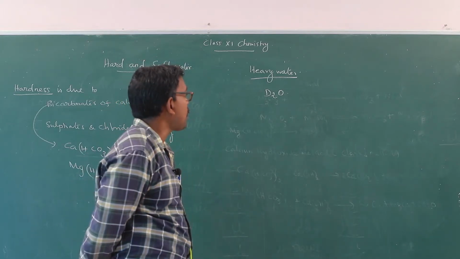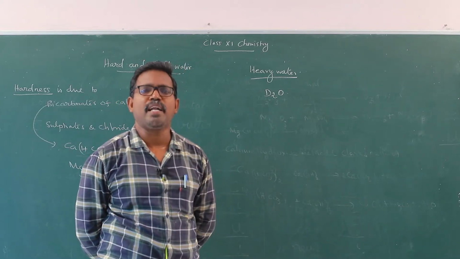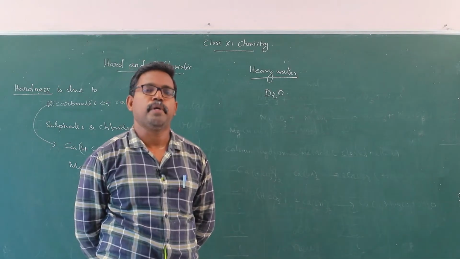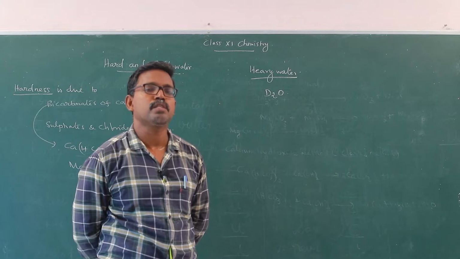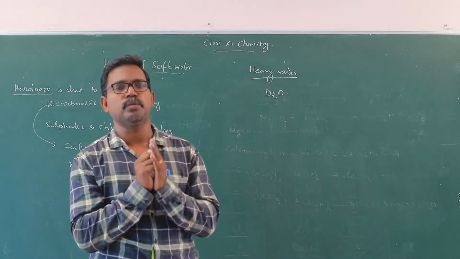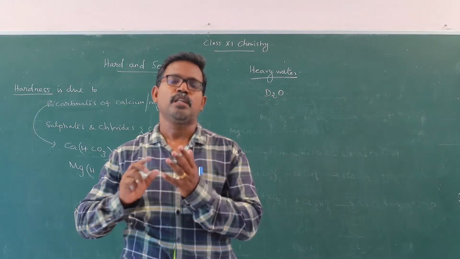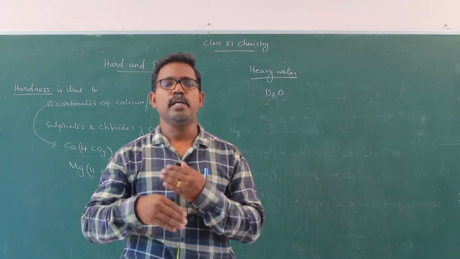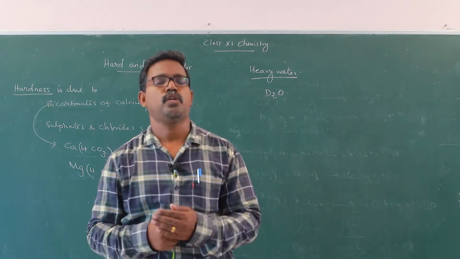This compound is used as a moderator in nuclear power plants. Moderator means slowing down the fast moving neutrons. So, in the nuclear power generator, we are using heavy water. A large quantity of heavy water is continuously passed into the generator.